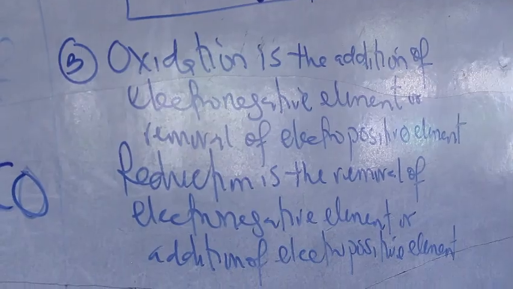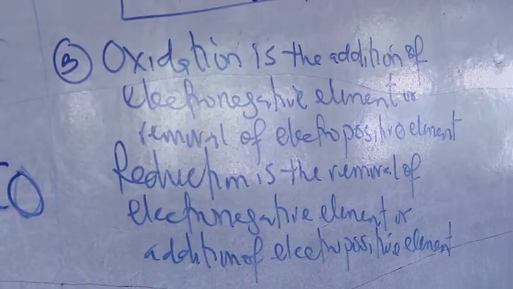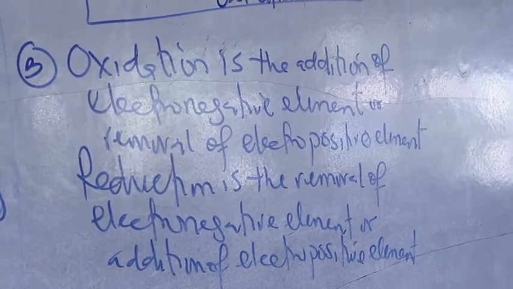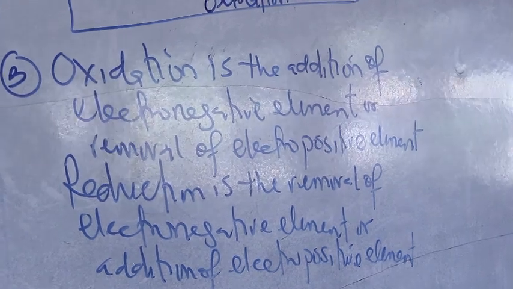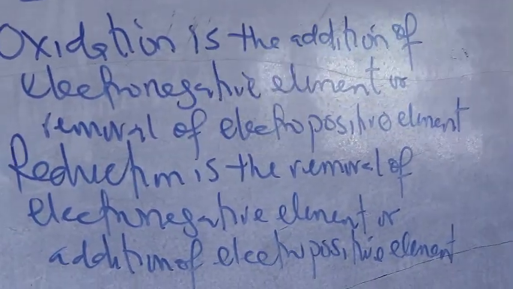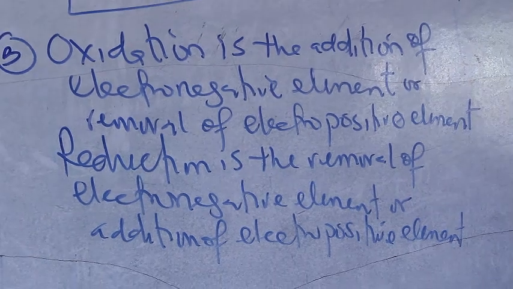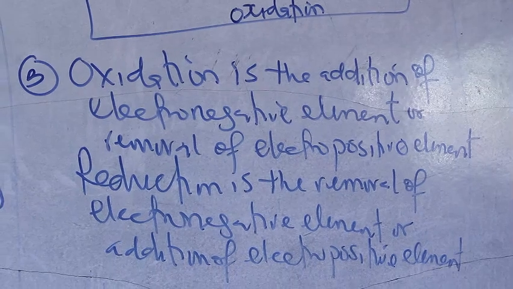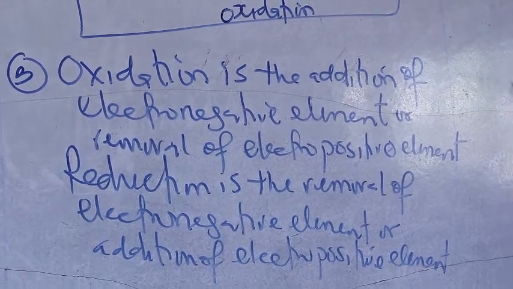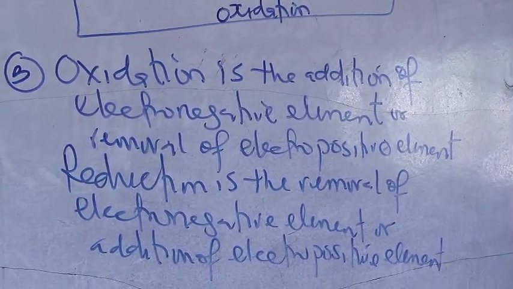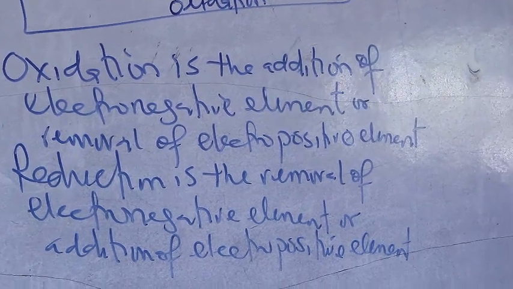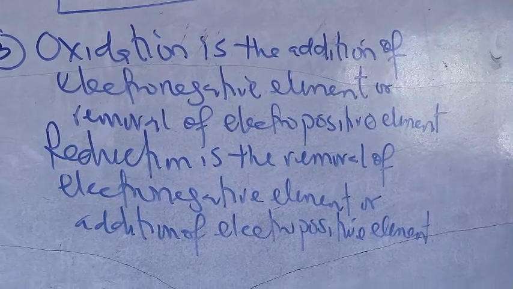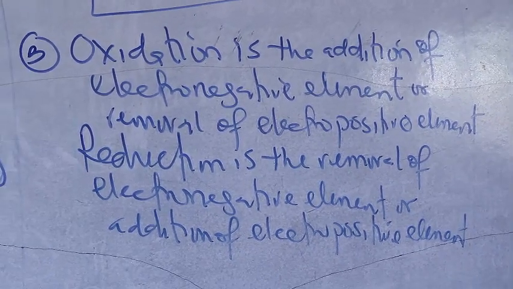So when you are giving a definition, you have to be very careful, because if you miss one, you are likely to miss the other. So that you don't give wrong definition. So we say oxidation is the addition of electronegative elements or removal of electropositive elements, whereas reduction is the removal of electronegative elements or addition of electropositive elements.